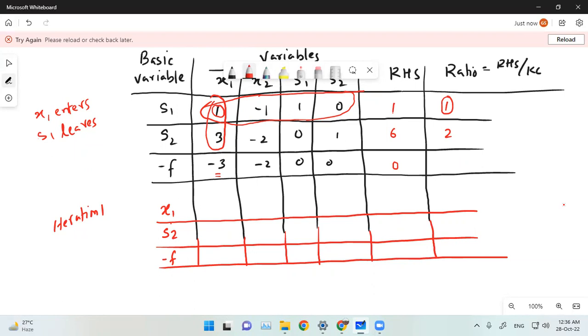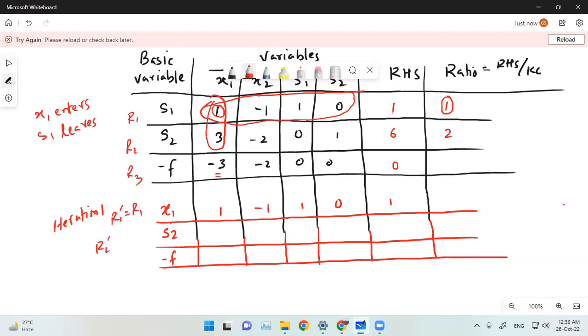Now here, the key row will be as it is because the key element is 1. So 1, -1, 1, 0, 1, no change. If these are your R1, R2, and R3, then R1 prime is the same as R1.